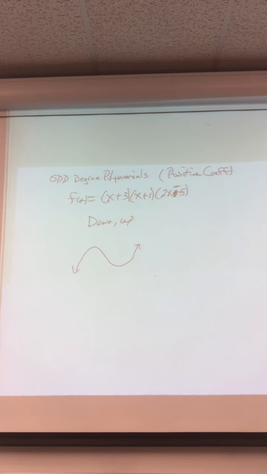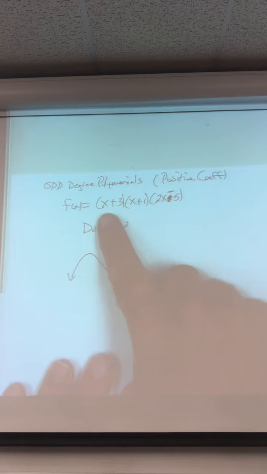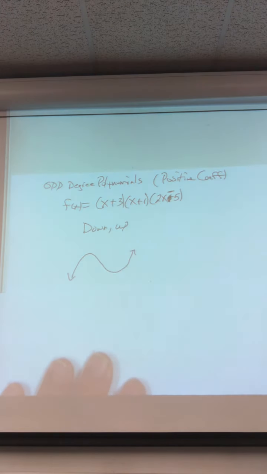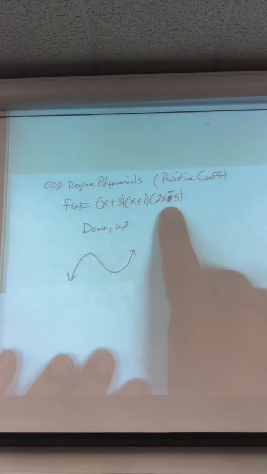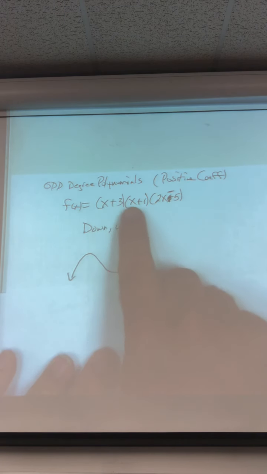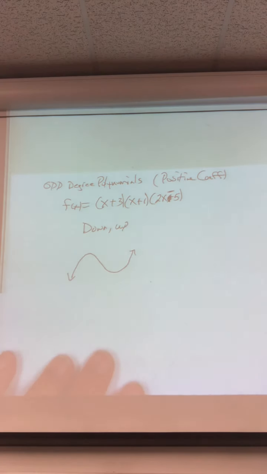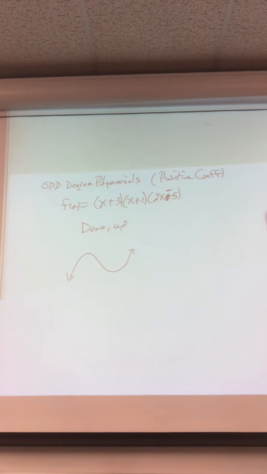Now, let me show you how this is helpful in drawing a graph. Look at this problem right here because you're looking at the three linear factors right there. What are the three zeros to this problem? -3, -1, +5/2. You don't have to graph this.